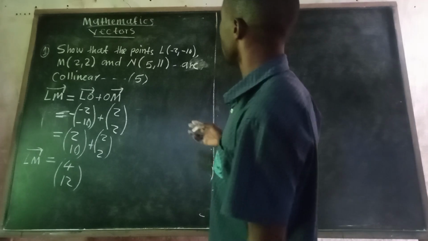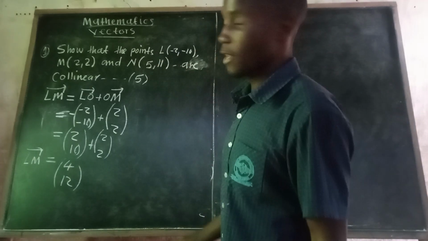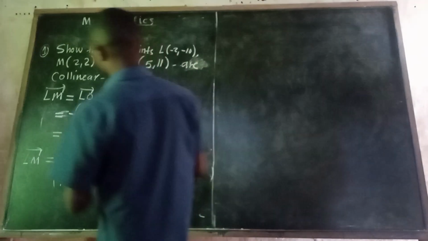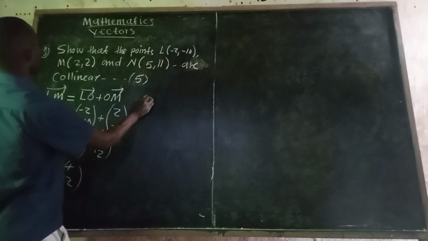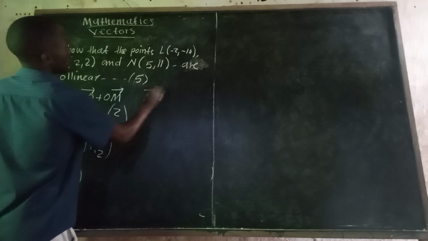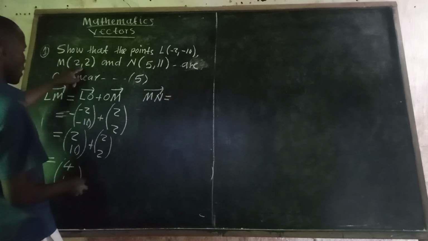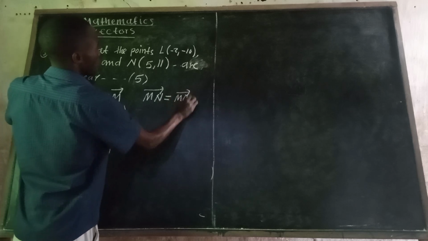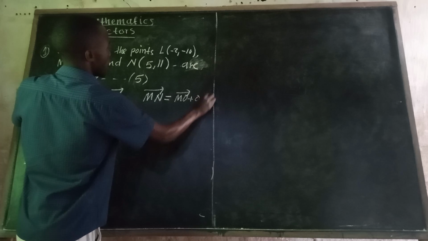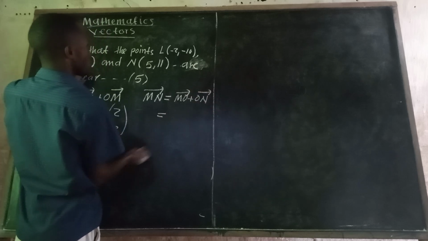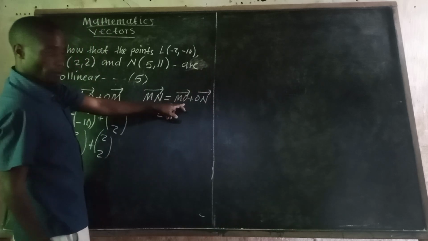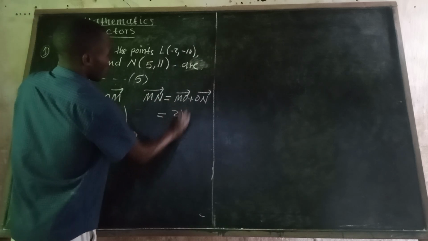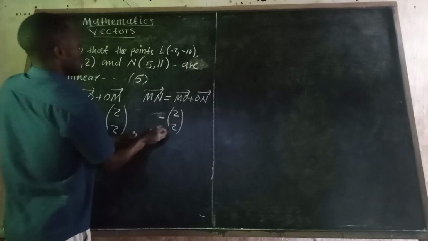So let's also find the MN, so that we can find the scalar multiple of the other. For MN, we are going to move like this: MO, then plus ON. MO, the origin is already there. M is going to carry a negative, so (2, 0), remember outside there should be a negative.